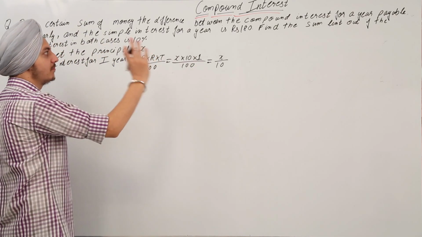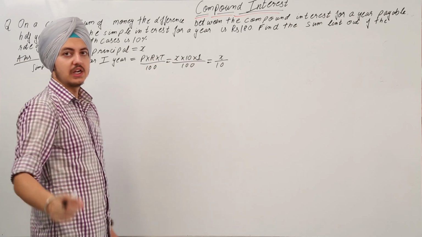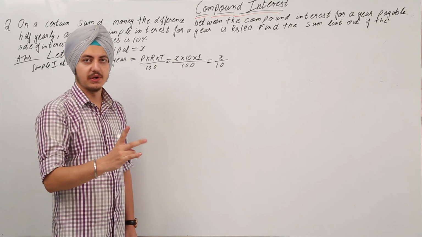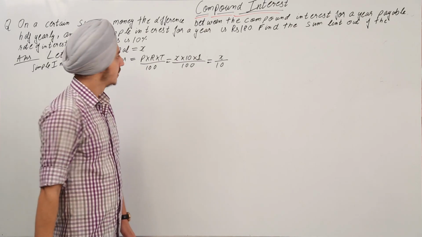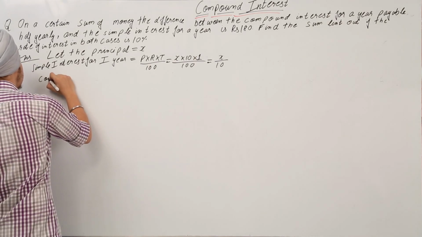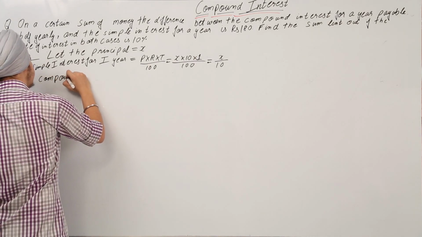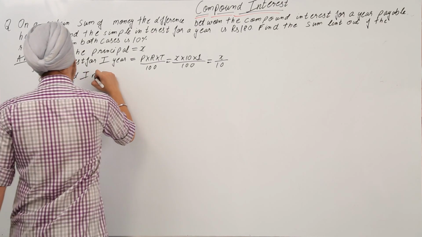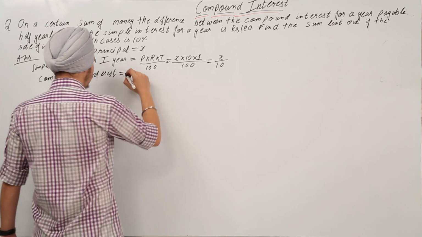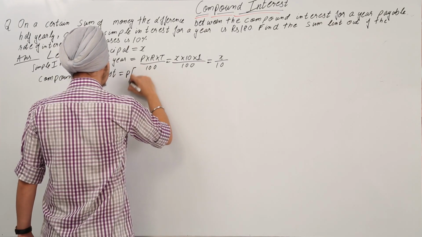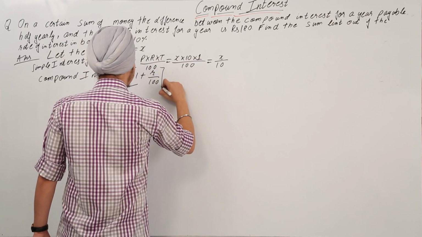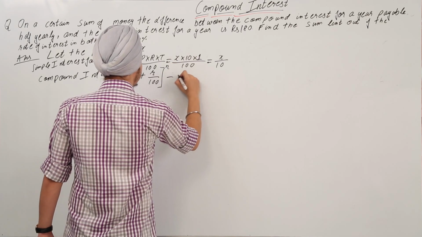Now if we have the compound interest for the first year, with the interest compounded half yearly, we have two conversion periods in 1 year. Am I right? So what is the formula? The formula is compound interest is equal to P into 1 plus R upon 100 raised to power n, minus principal.